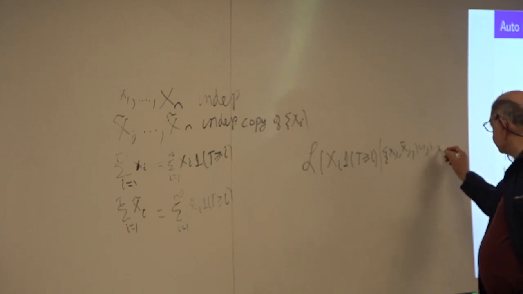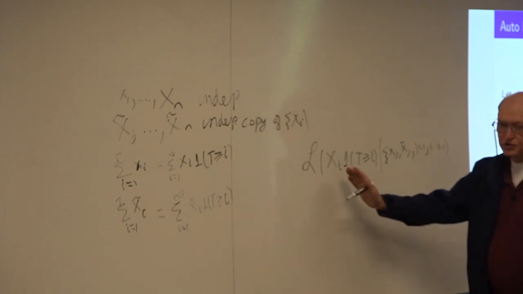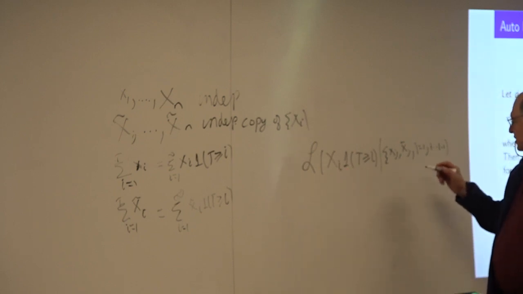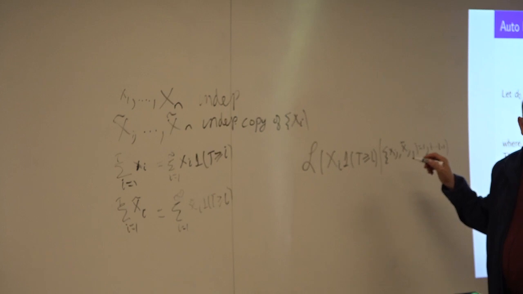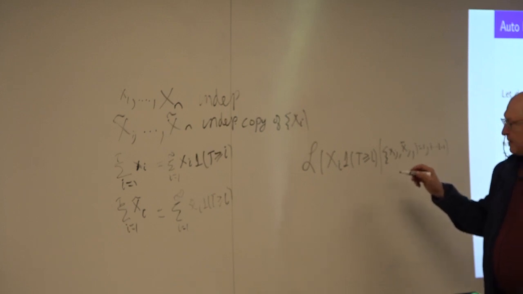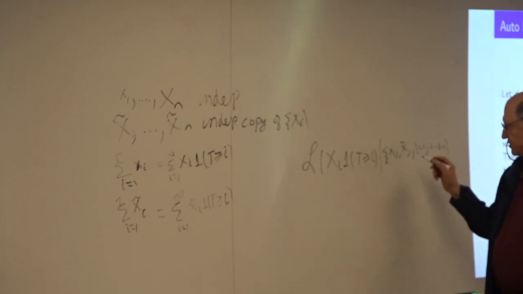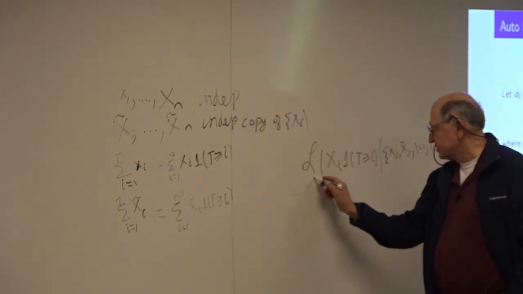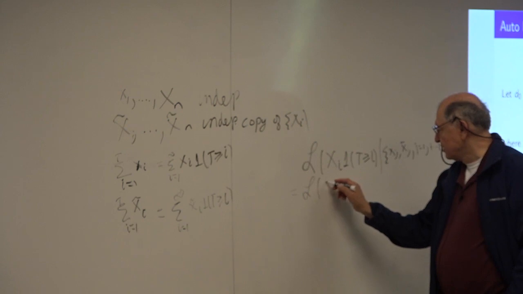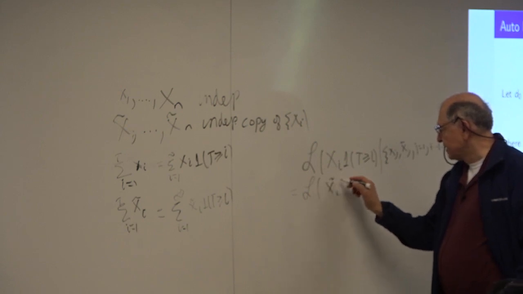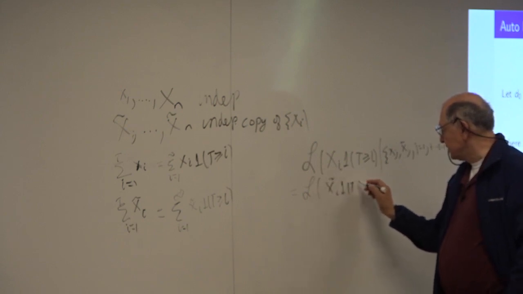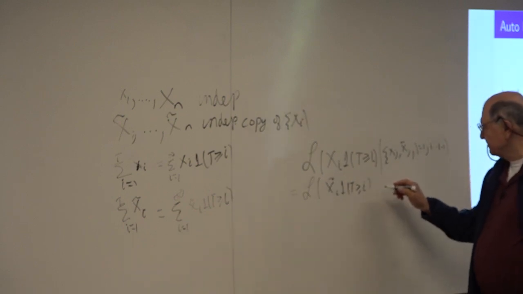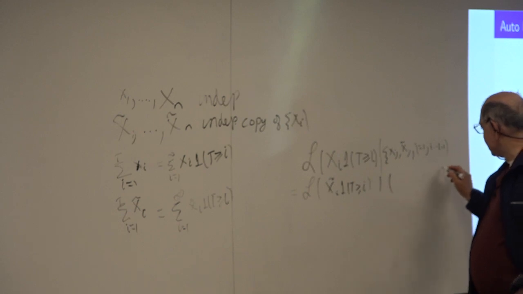So if I condition on the past, using Siva's suggestion, we include the tildes also in the sigma field. Then the conditional distribution of this is the same as the conditional distribution of x sub i tilde times the indicator that t is bigger than or equal to i, given the same sigma field.